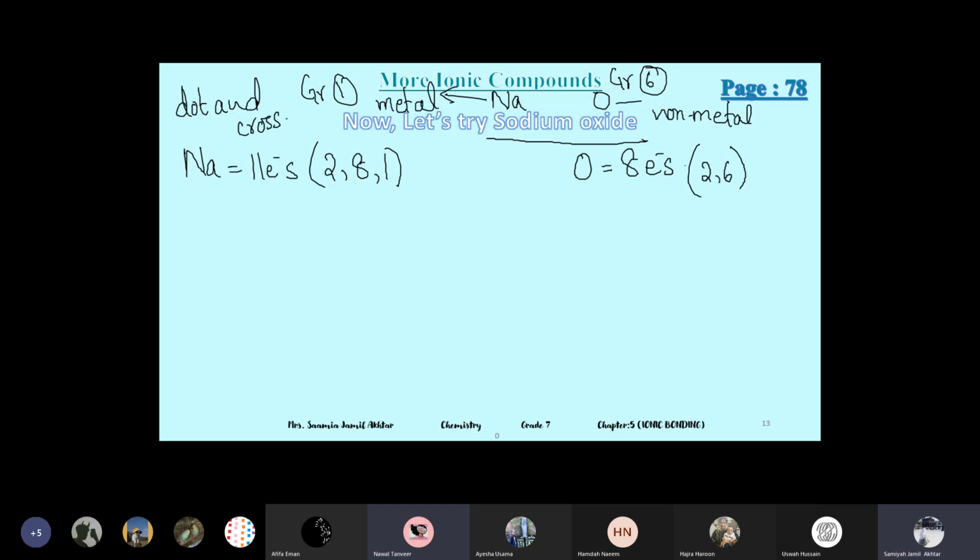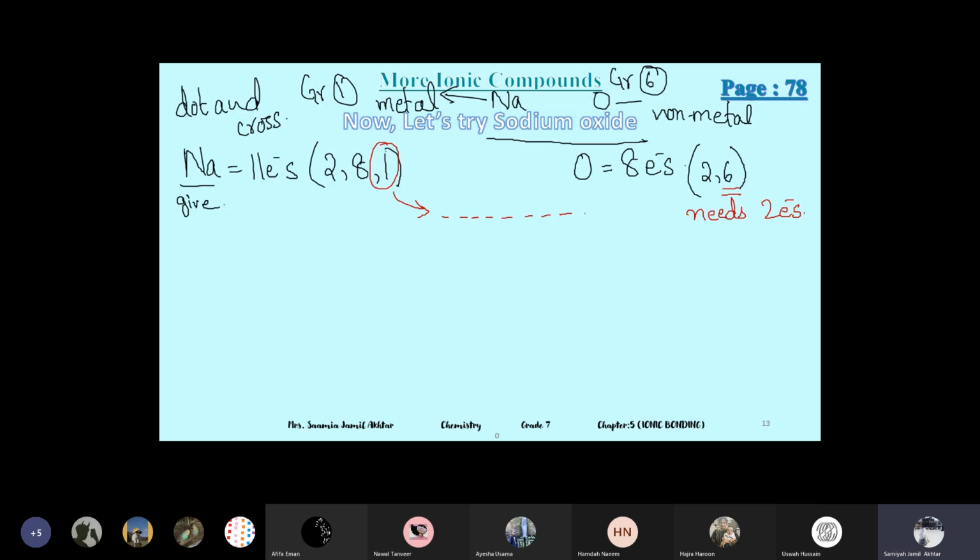Okay. Sodium is a giver. It will give this one electron. The electron which is present in the last shell, sodium will give that one electron. But you can see that oxygen needs 2 electrons to complete its shell. I'm going to bring in another sodium. Yes, very good.